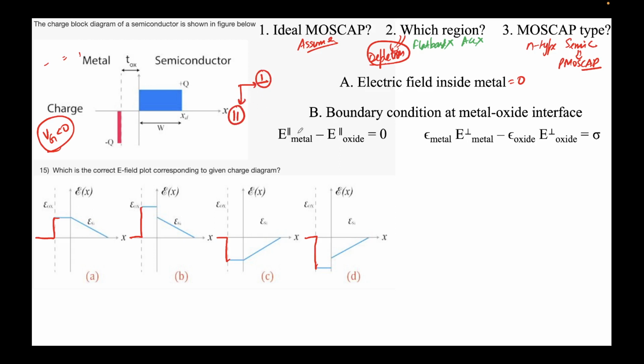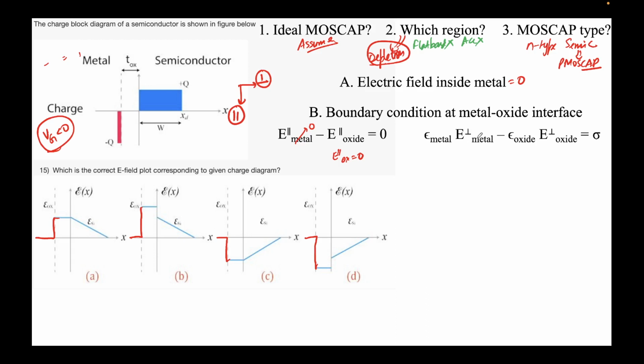So E parallel is 0 inside the metal, so this will become 0, this 0 field inside the metal, so this E parallel oxide will also come out to be 0. And you note that it's only given in x, so essentially we can just ignore the parallel because parallel means electric field in y. We are only interested in electric field in x. So from now we just forget about the y dimension electric field, but we are interested in x direction. Again E perpendicular metal, which is in the x direction, is 0.